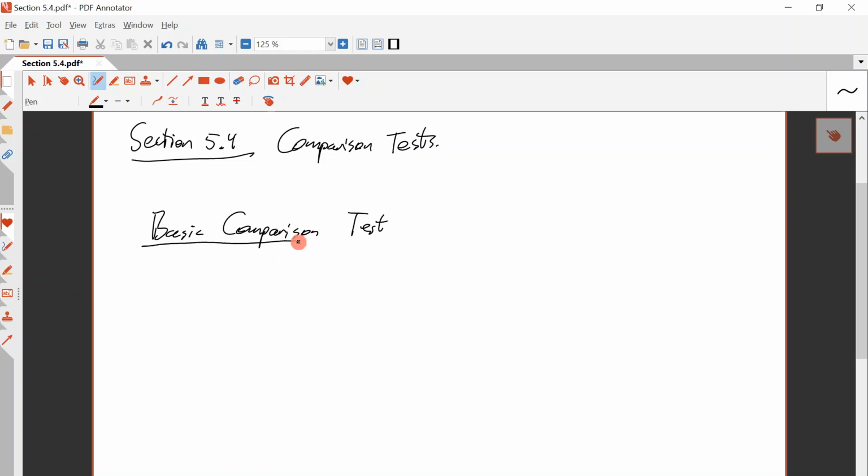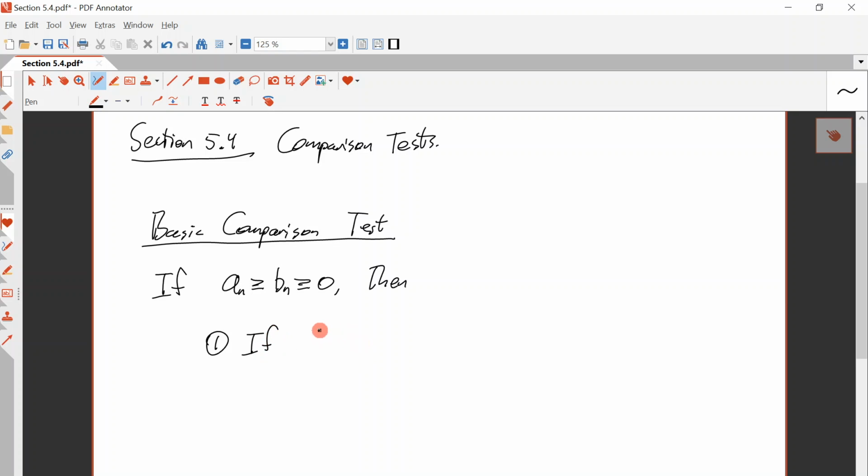The basic comparison test uses inequalities. If a_n is bigger than or equal to b_n, which is bigger than or equal to 0, then 1.